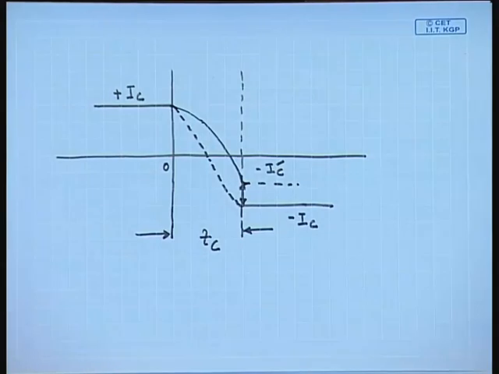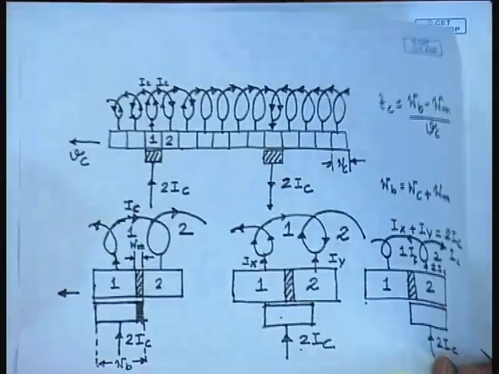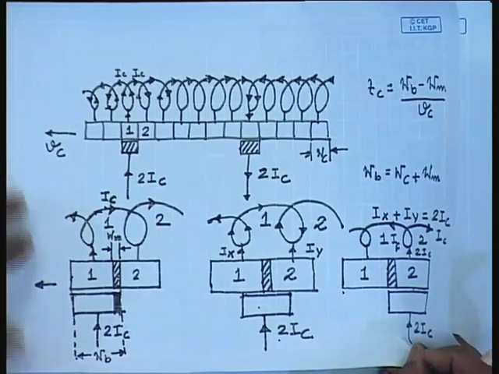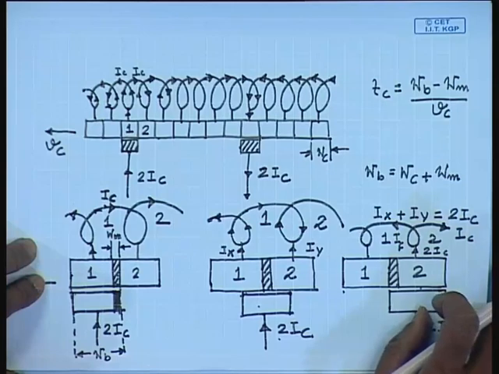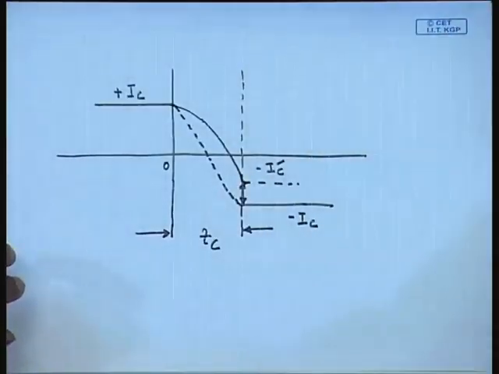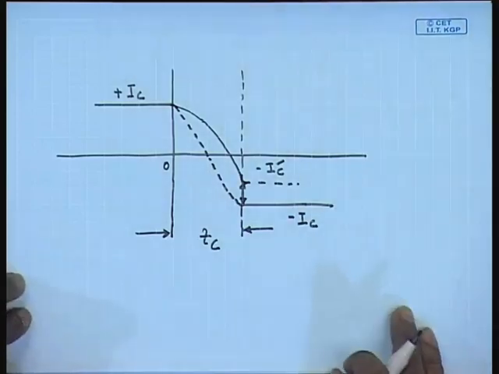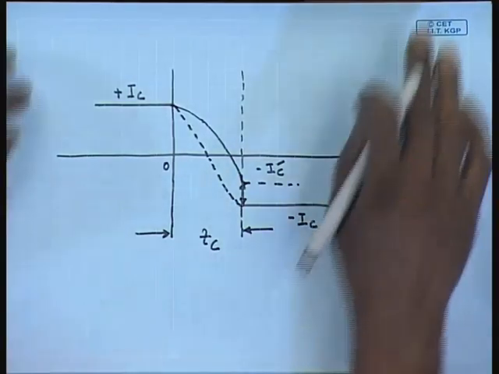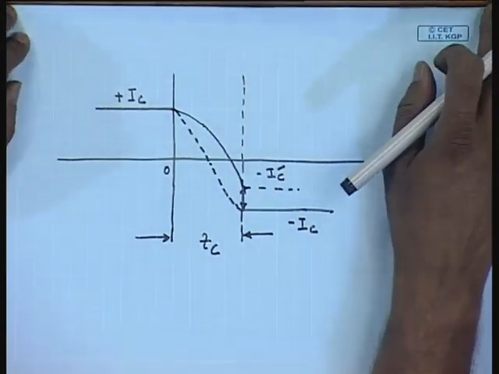This is called under commutation, that is, the commutation has not completed before the brush has moved from one commutator segment to the next. Now, this is not desirable, since the sparking destroys the commutator surface, and may also lead to fire hazard. So, this has to be minimized.